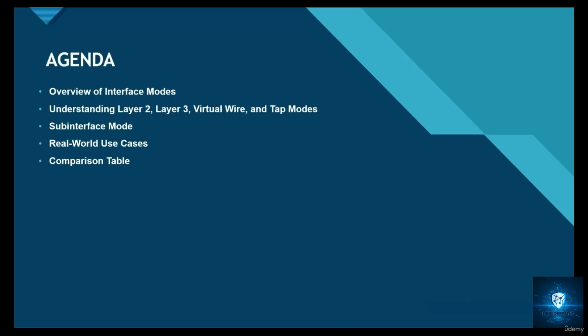All right, next is the sub interface mode. Sub interface allows multiple logical interfaces on a single physical interface. Each sub interface is assigned to a different VLAN. This you can compare with the router on a stick that we do in the router, right? It's exactly the same. Now the use case would be, a company has multiple departments like HR, IT, sales on the same physical network, but wants to segment traffic for security.